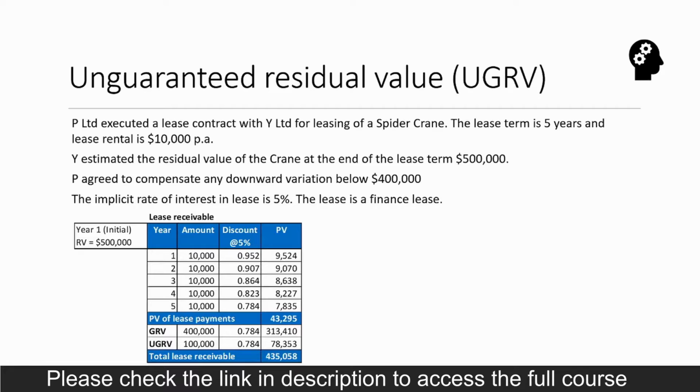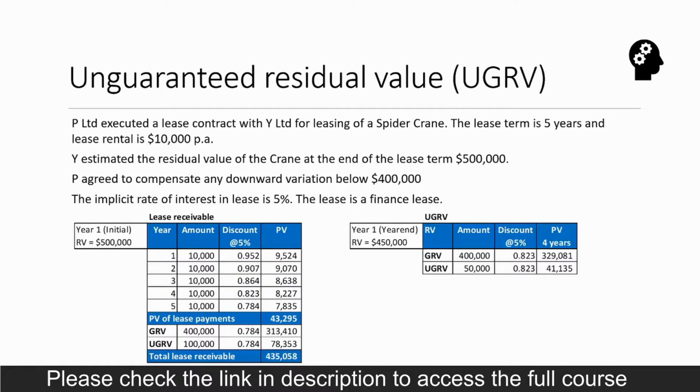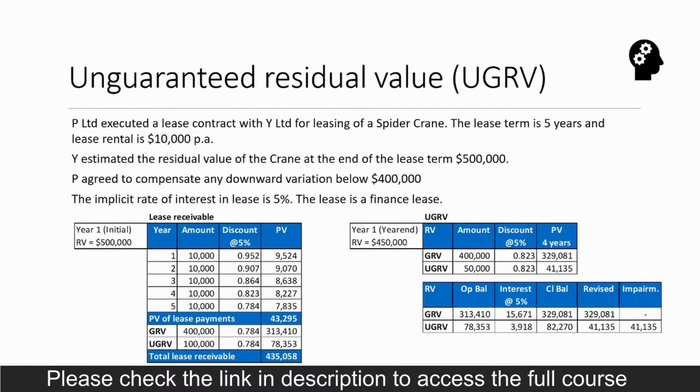At the end of the year, Y revisited the measurement of residual value and found it to be 450,000 at the end of the lease term. That means there is an impairment which needs to be accounted by Y. To quantify this impairment amount, Y needs to compute the PV of revised residual value at the end of year 1 and then compare it with the balance of residual value at the end of the year to work out the impairment amount.